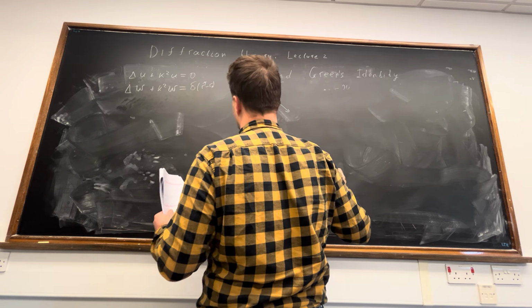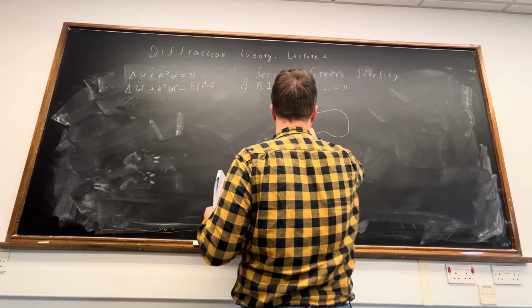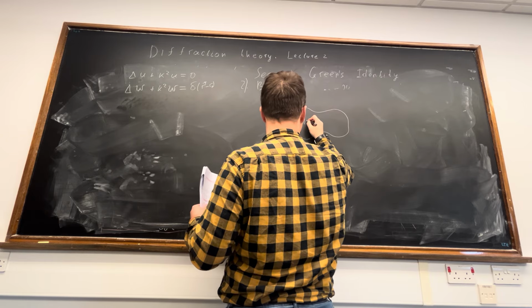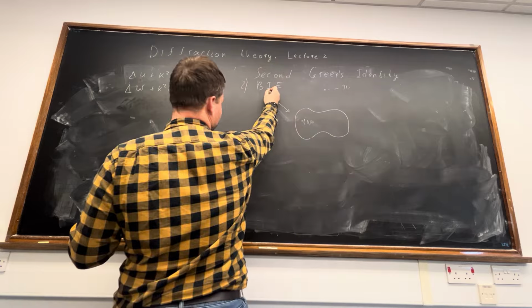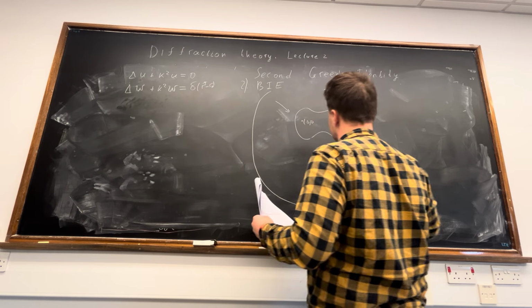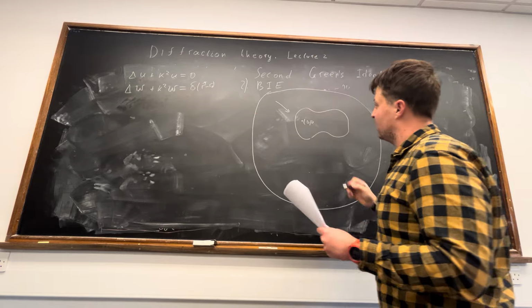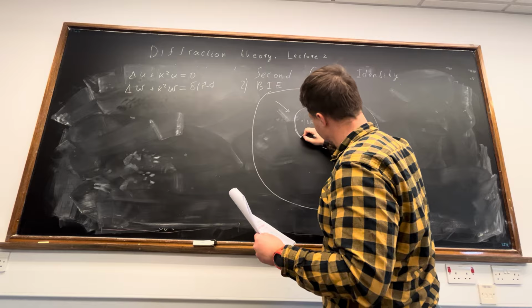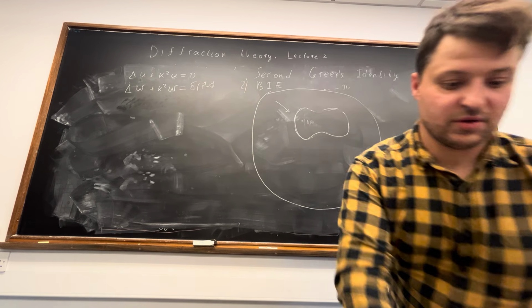So we have an infinite domain, we have some scatterer, we have the origin, and our domain of integration is like this. It's a big circle, which encircles our scatterer, and the second boundary is the surface of the scatterer.